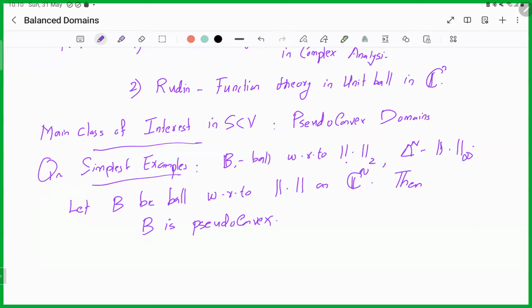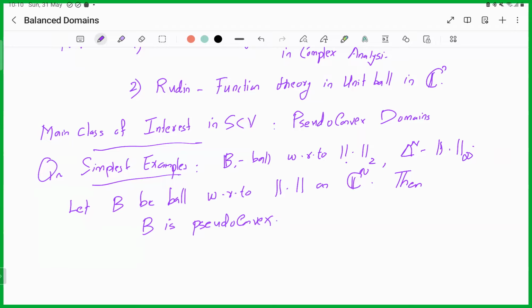Okay. Some students may not be familiar with pseudoconvexity. Also, we note that these are the simplest examples: balls with respect to norms. So any ball with respect to a norm gives a pseudoconvex domain. The reason is that the norm function is plurisubharmonic.